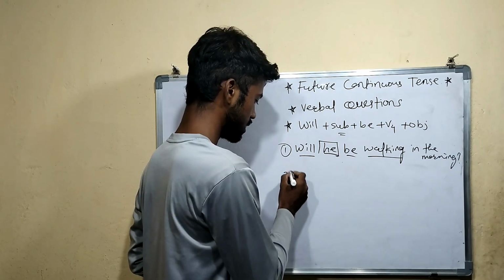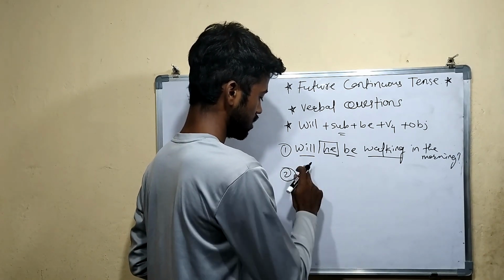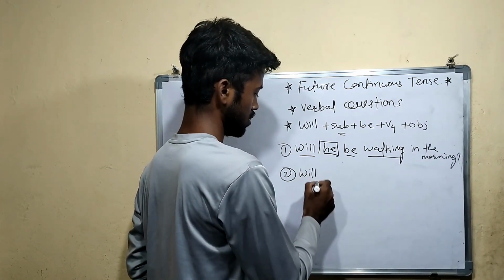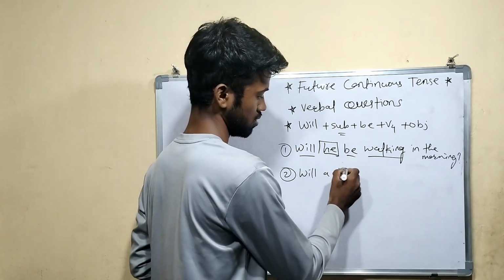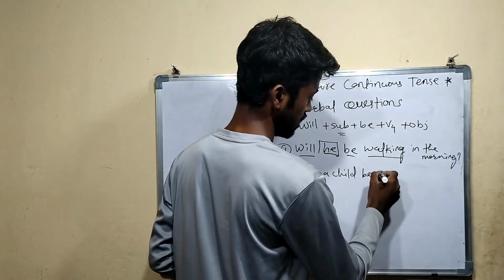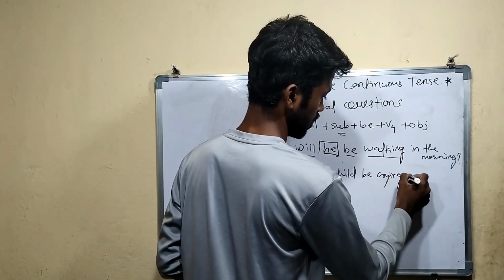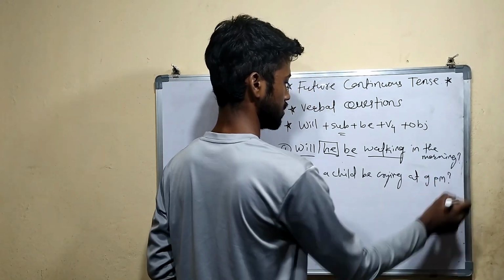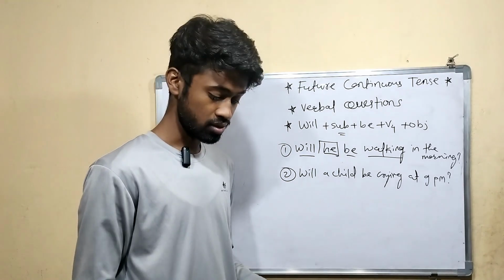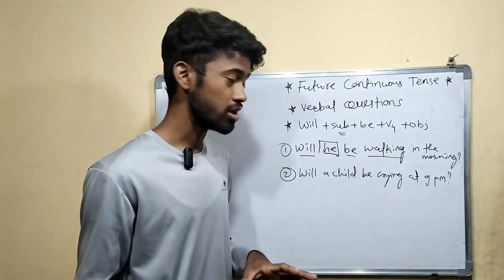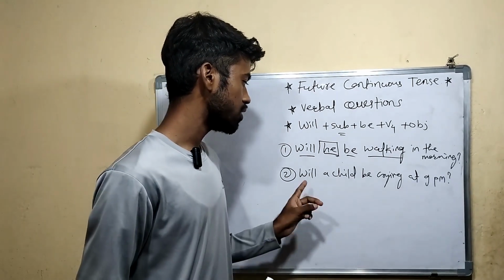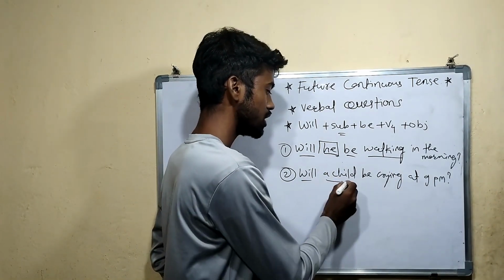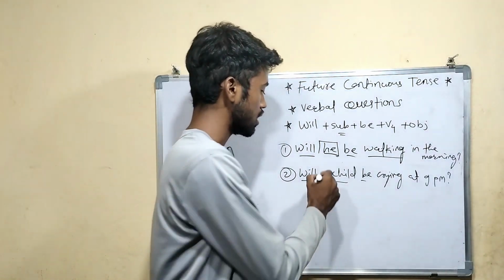Now let's take another example. This should be interrogative, right? Will a child be crying at 9 p.m.? Usually at 9, children cry, right? So the example is: Will a child be crying at 9 p.m.? Here will is a helping verb, a child is the subject, and be is a helping verb.